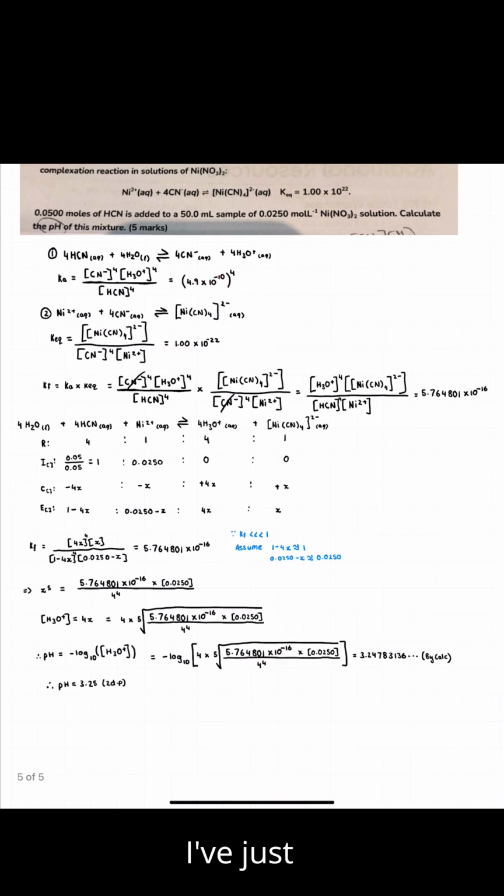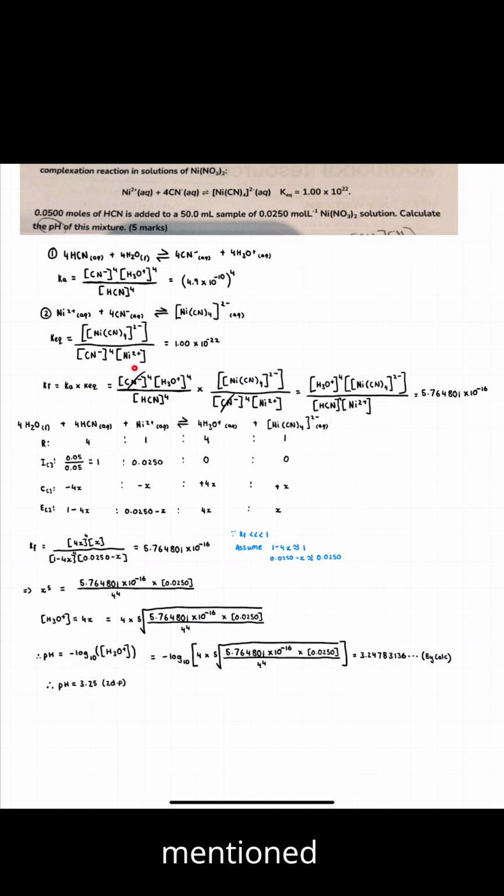And then I've just written the same equation for nickel and its complexation reaction and its normal Keq that were given in the question. So now I've declared a new K of formation here, or Kf, and essentially all I've done is just added these two. And since I've added these two, in the Ka I'm actually multiplying these two here because they become our new products and new reactants.